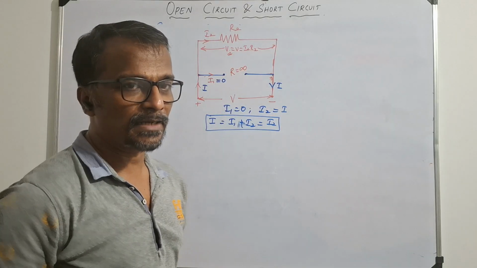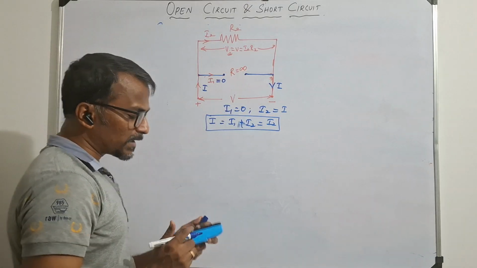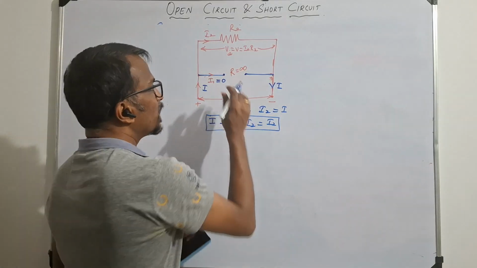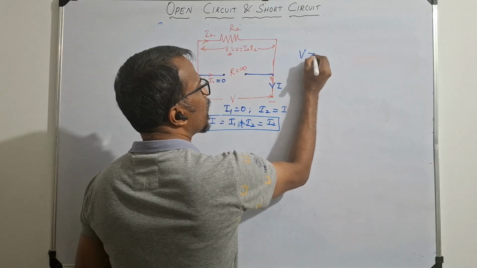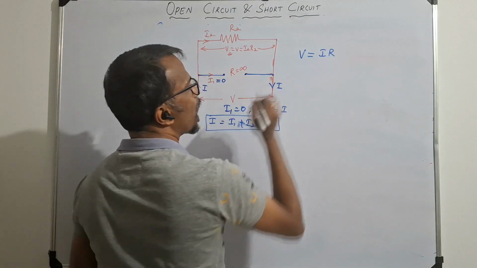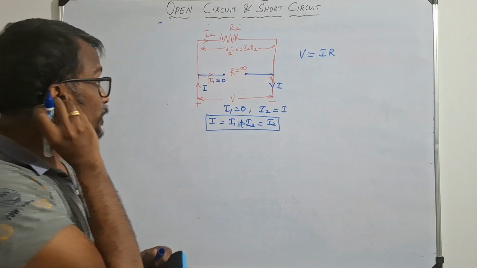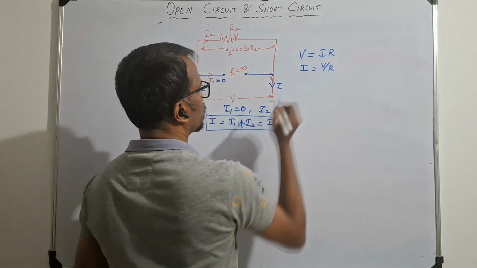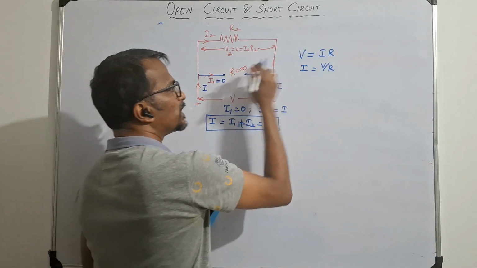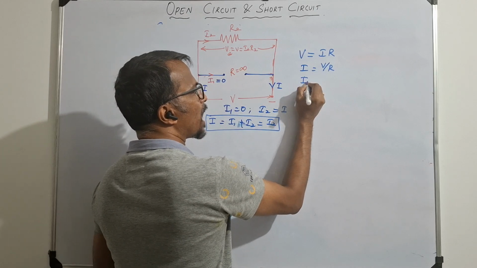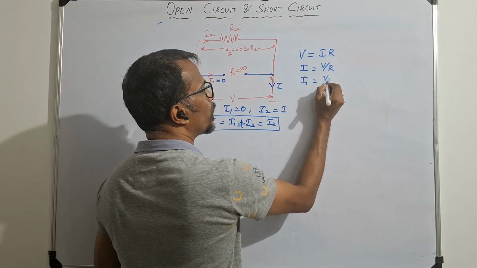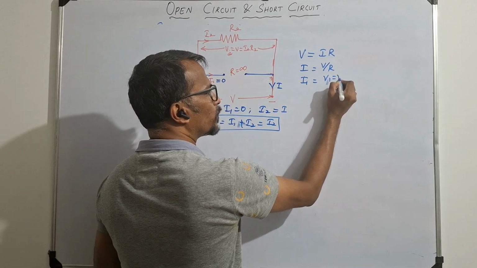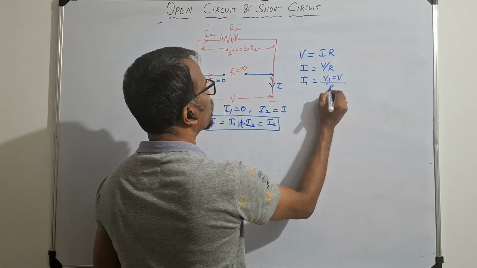For better understanding, mathematically also we can prove this. Here we know Ohm's law, V is equal to I into R. From this, I is equal to V by R. Now in this circuit, I1 equal to V1, that is V divided by R1.